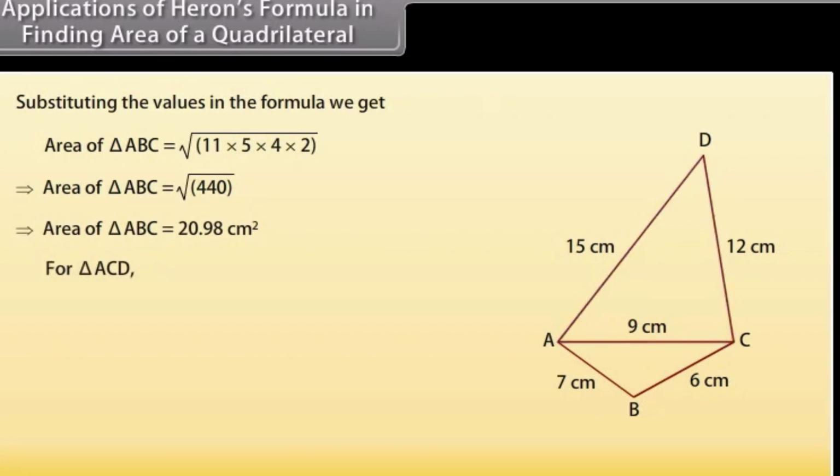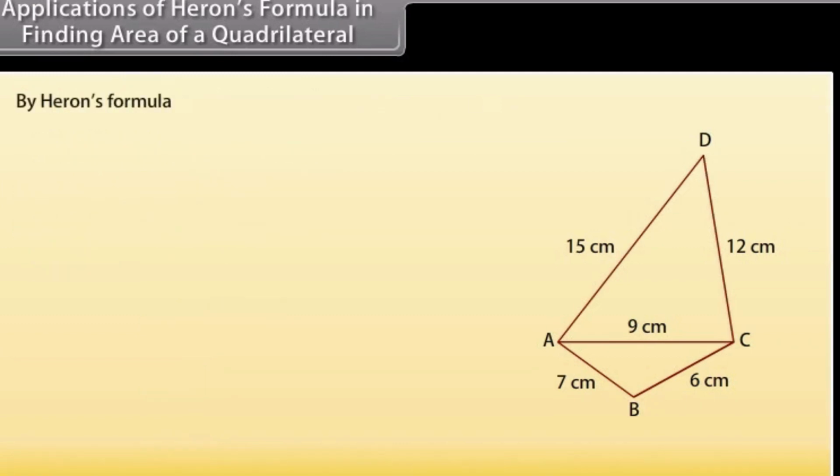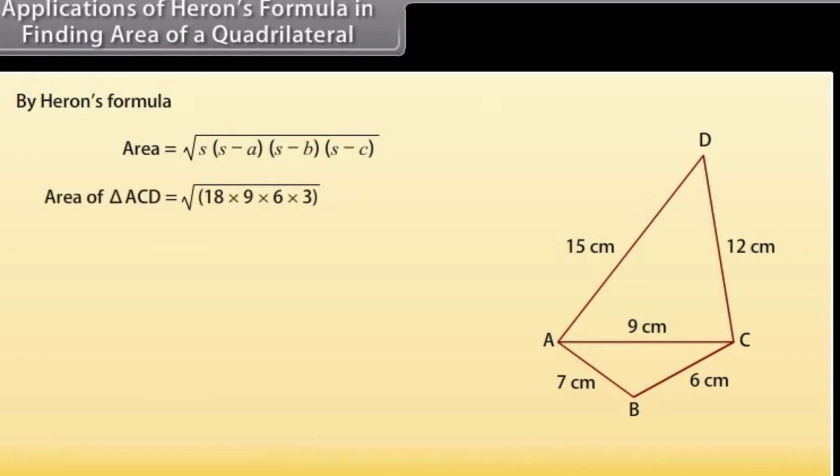Now for triangle ACD, S is equal to (9 plus 12 plus 15) upon 2, which is equal to 18 centimeters. By Heron's formula, area is equal to square root of S into (S minus a) into (S minus b) into (S minus c). Therefore, area of triangle ACD is equal to square root of 18 into 9 into 6 into 3.